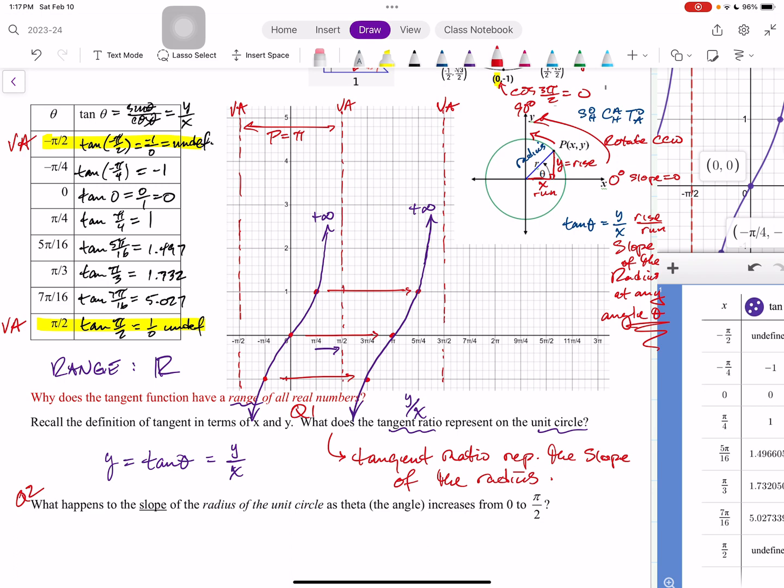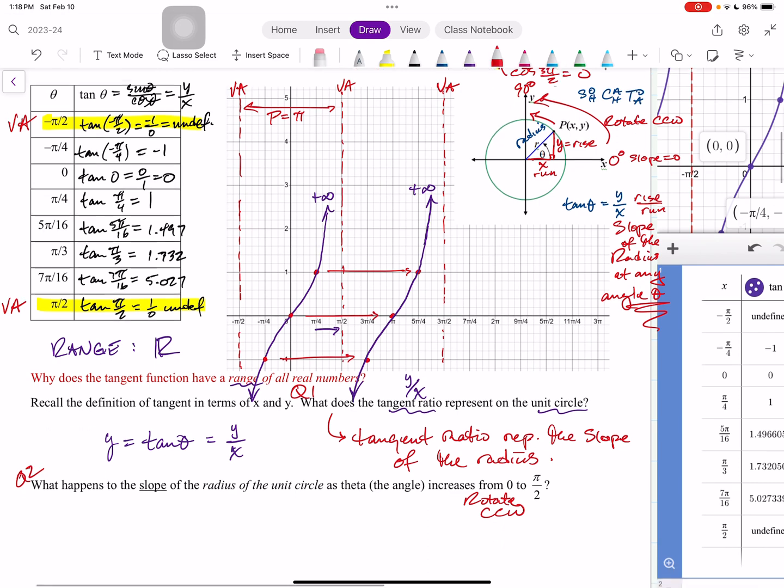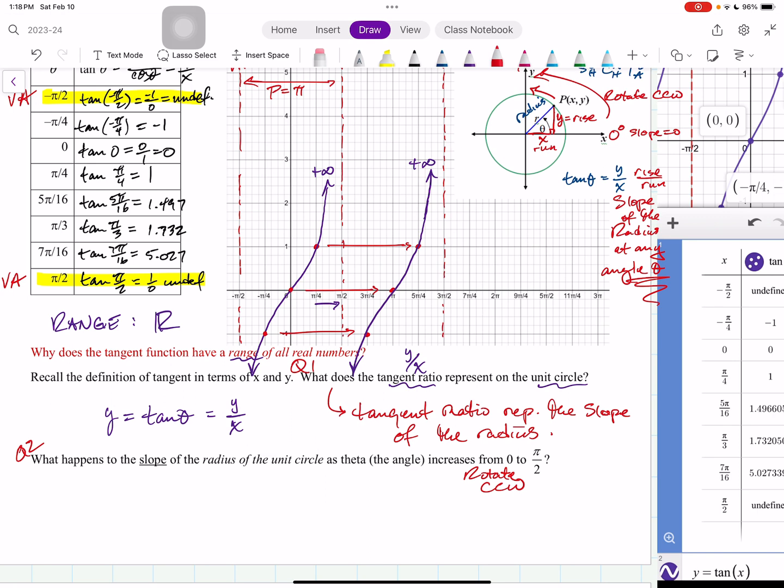Answer number 2: what happens to the slope of the radius of the unit circle as theta, your angle, increases from 0 to pi halves? That means we rotate counterclockwise, CCW, as I was saying in the diagram in the upper right, and the slope increases. It gets more and more vertical. The slope increases to infinity until it becomes a vertical line.